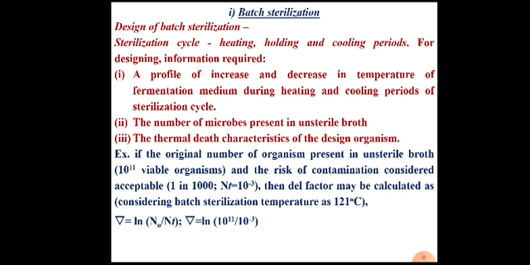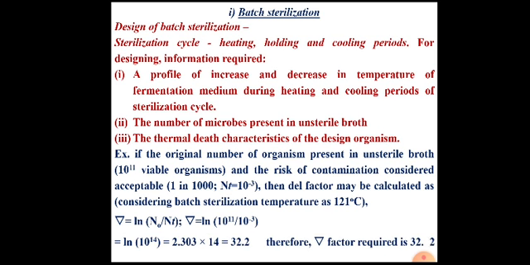So Del factor, we'll put the values here. Del factor equals natural log of N0, which is 10 raised to 11, and Nt is 10 raised to minus 3. So it will be natural log of 10 raised to 14. Now we'll convert that natural log to log to the base 10. When we convert ln to log to the base 10, there will be a multiplication factor of 2.303.